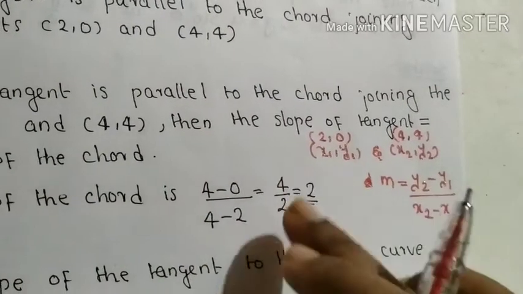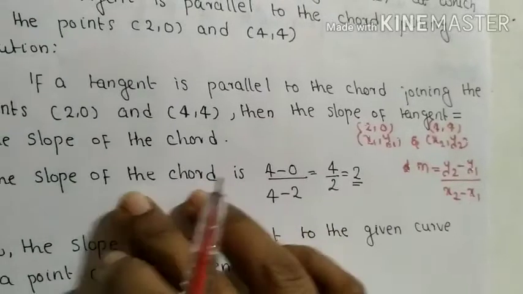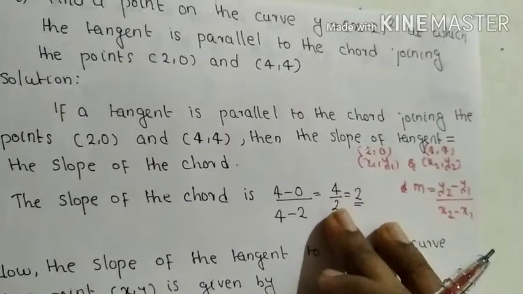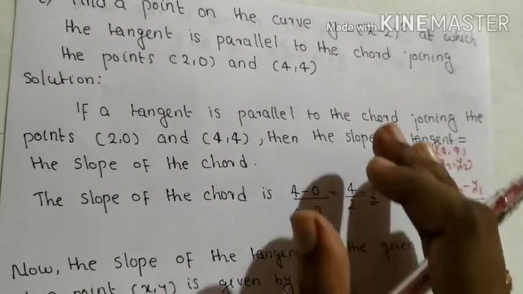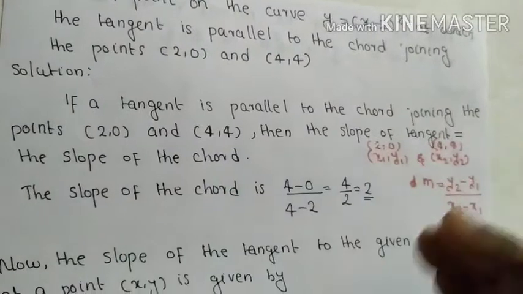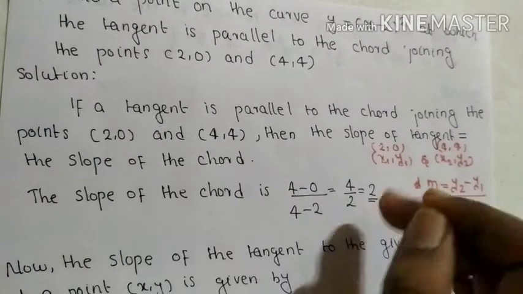From this we get 4 by 2, which is equal to 2. So the slope of the chord is 2, and we know that the slope of the tangent is equal to the slope of the chord.